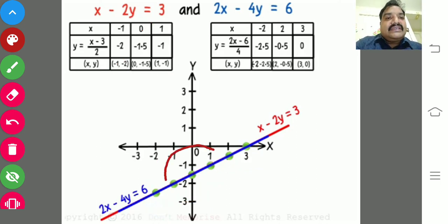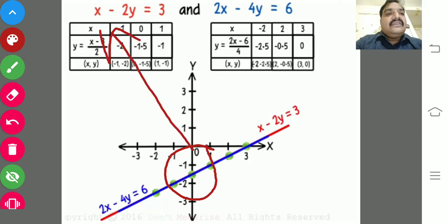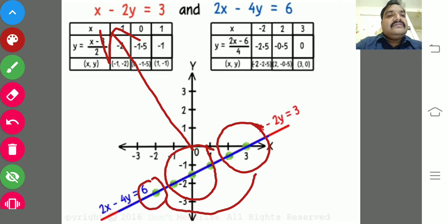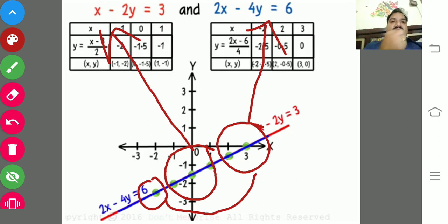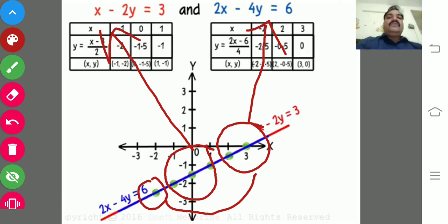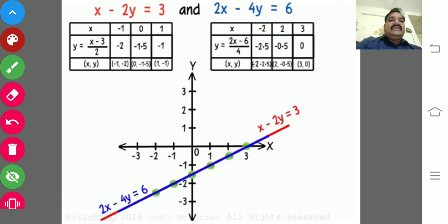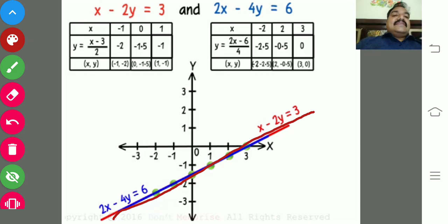So these 3 are related to the first equation, and these 2 points as well as this one are related to this equation. But the thing is, after plotting the 6 points, what did you identify? That is very, very important. The 6 points coincide, lying on the same line.